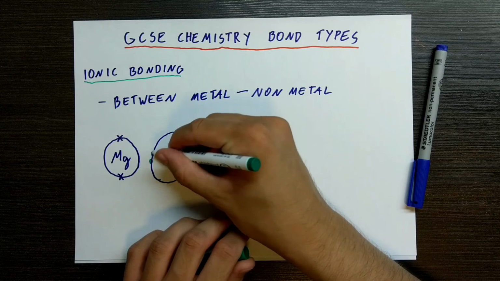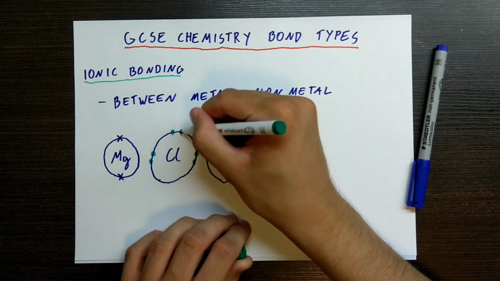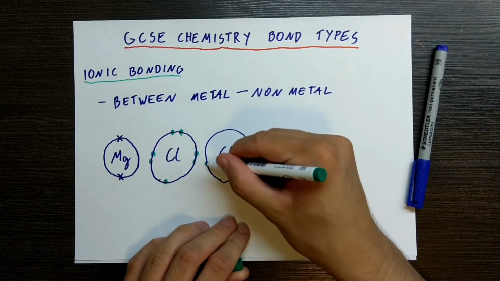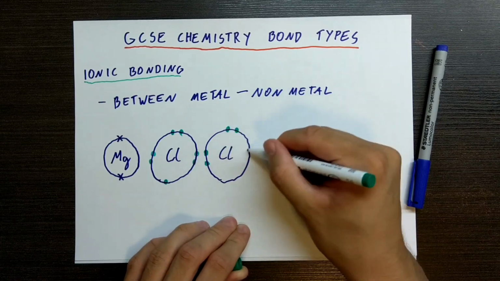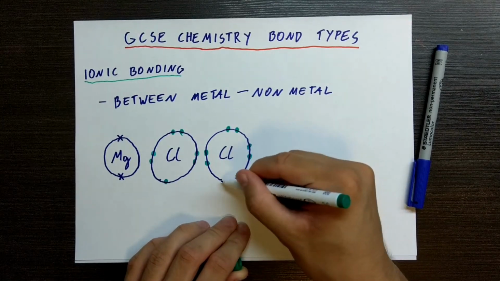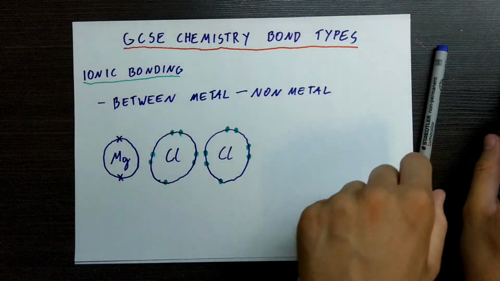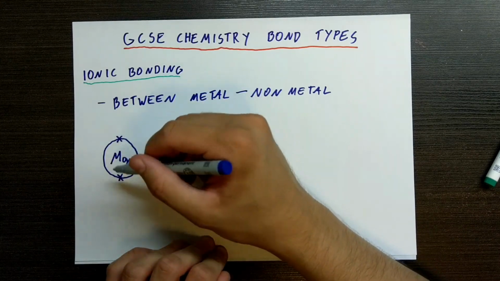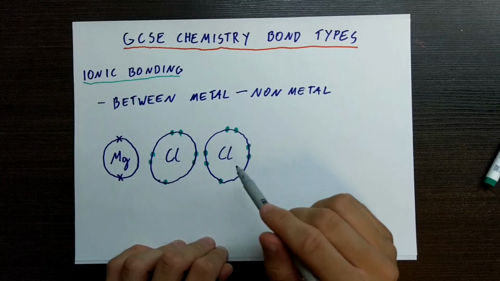So we have 2 here, 2 here, 2 here, but only 1 there. And the same situation is happening here. So we have magnesium in group 2 with 2 electrons in the outer shell. We have chlorine in group 7, 7 electrons in the outer shell each.